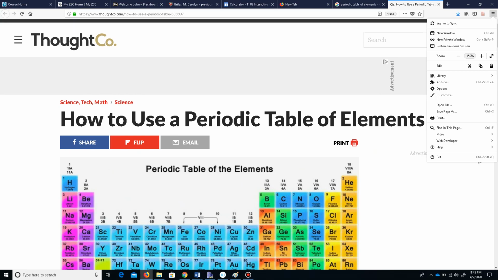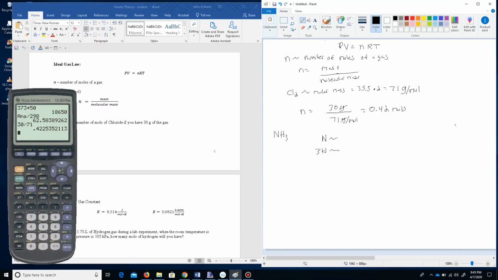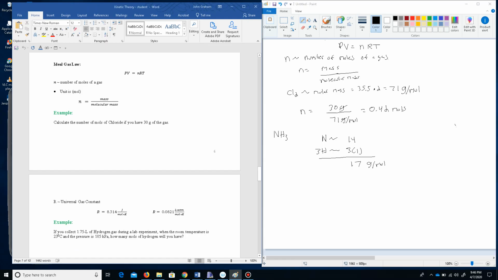So 1 and 14 are molar masses for these. So 3 times 1, and 14. And so we'll add these together, we end up with 17 as our molar mass. So 17 grams per mole. And then we would use that depending on how much mass we actually have of the gas to find out how many moles.